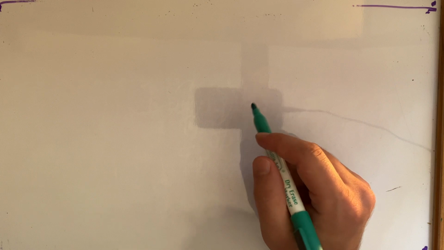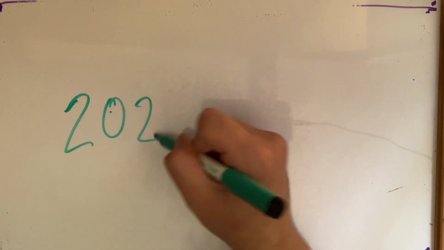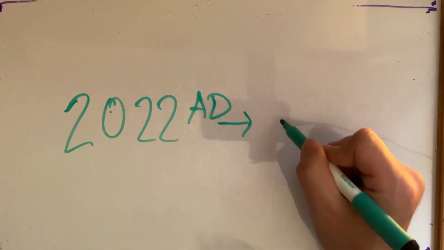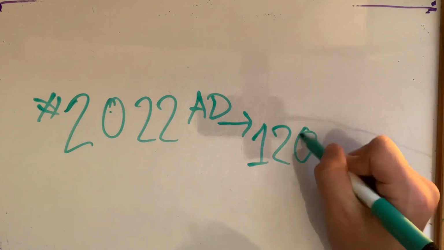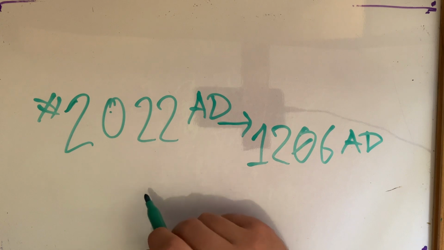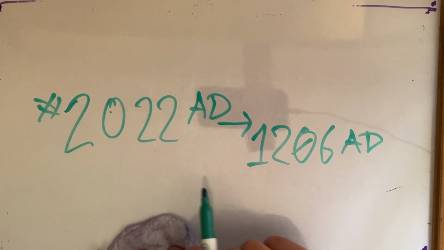I also don't think that we should immediately switch over. I mean, like I said earlier, the year of this video is 2022 AD. That converts to 1706 AD in base 12. So I don't think it should be forced down people's throats or anything.